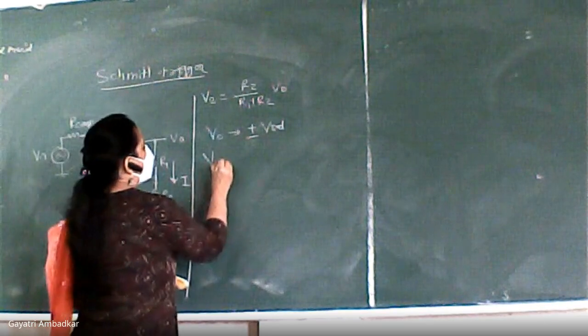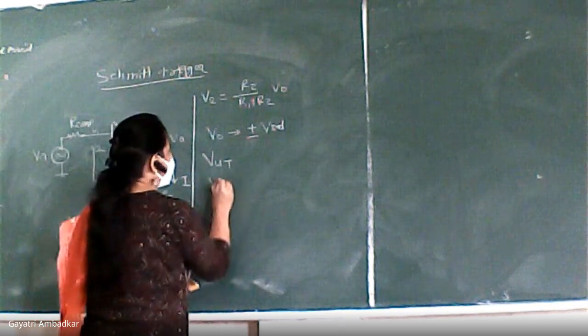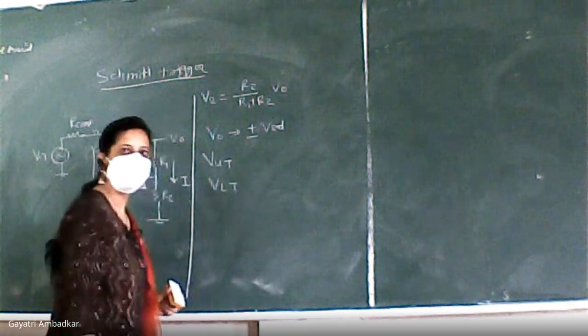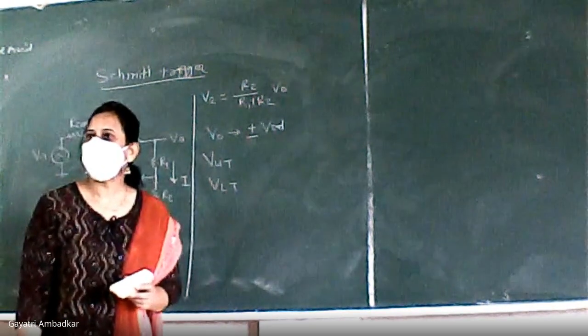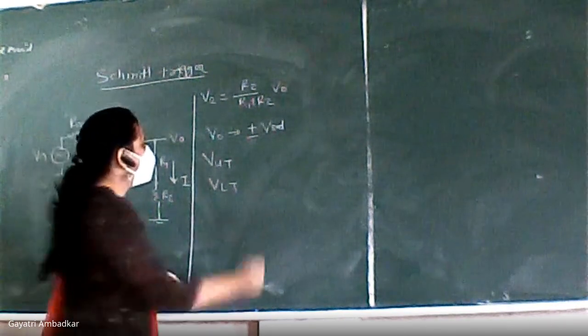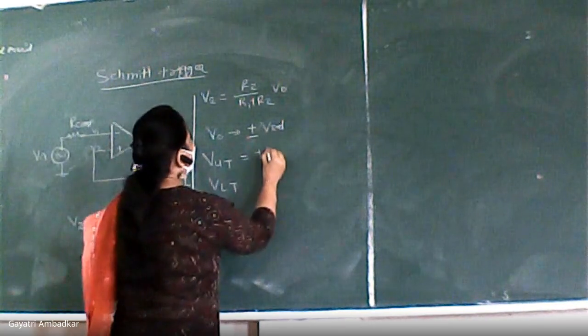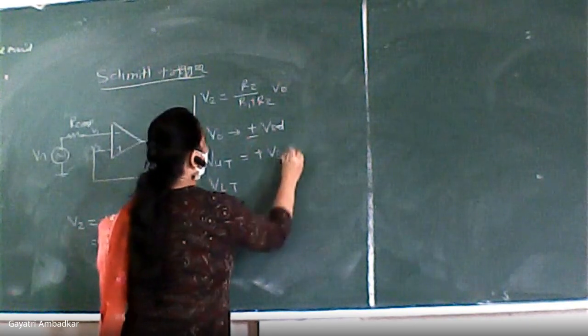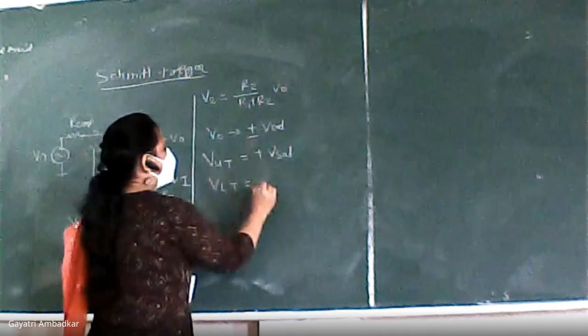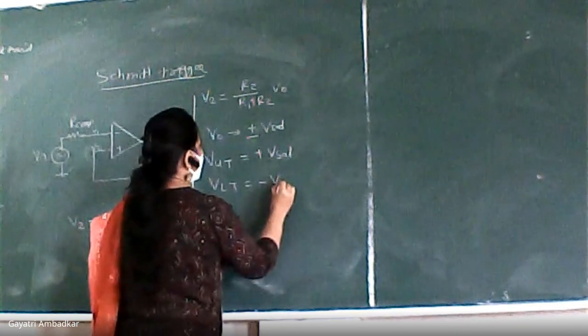One I will call VUT and another I will call VLT. Okay, upper threshold and lower threshold. So when VO is plus VSAT, I will call it VUT, and when VO is equal to minus VSAT, I will call it VLT.